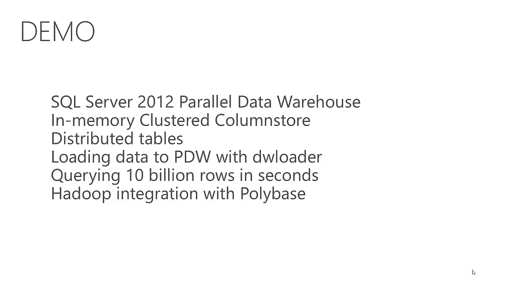I have some demo databases where, for example, I have 10 billion rows of fact sales data, sales transactions, and I do ad hoc queries against this kind of data warehouse database, and I show you different kinds of queries, and then of course I show you PolyBase. So that's about the PowerPoints, and now we go to see the demo.